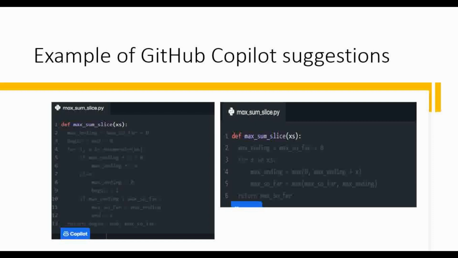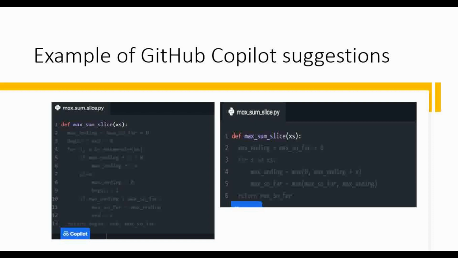These are a few examples of GitHub Copilot suggestions. Here you can see this is a Python file, maximum_sum_slice.py. A developer has defined a method using def and provided the method name, maximum_sum_slice, and a parameter.